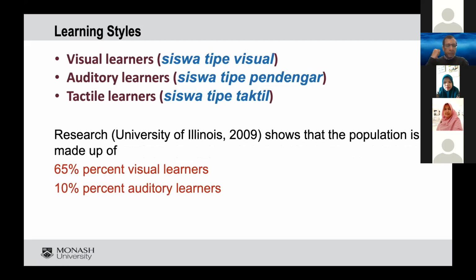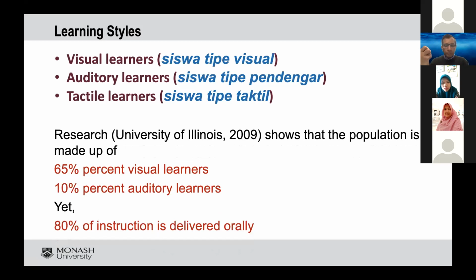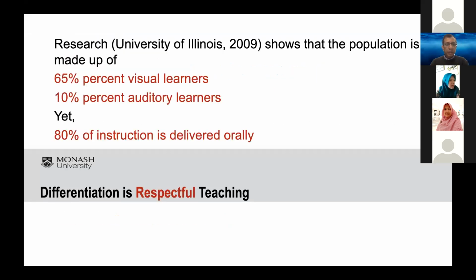However, 80% of the way we teach in the EFL classroom is delivered orally, which means only these people will benefit from it, only 10%. What about the rest, 90%? They are visual. So oral delivery might not help them. So we need to keep that in mind. This is one invisible difference we don't see.